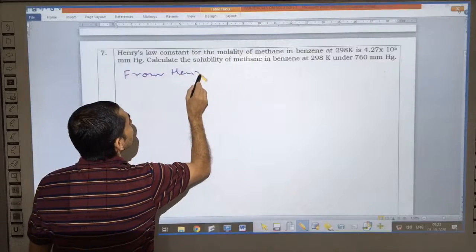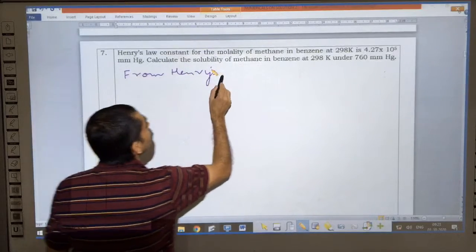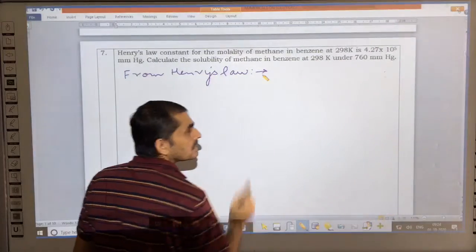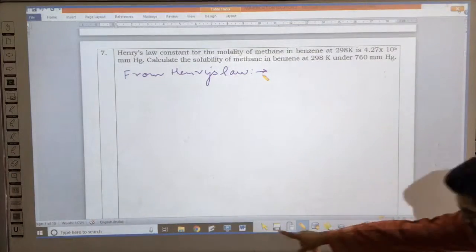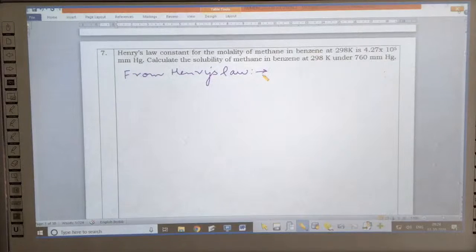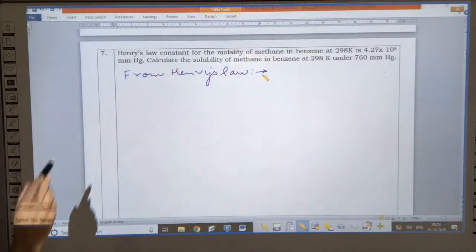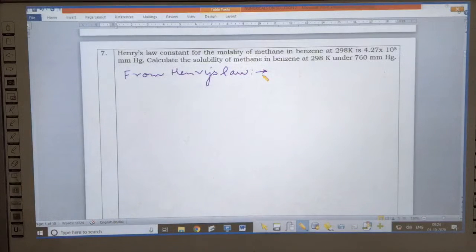You know Henry's law very well. For Henry's law, molality of methane in benzene is given. Calculate the solubility of methane in benzene. Okay.